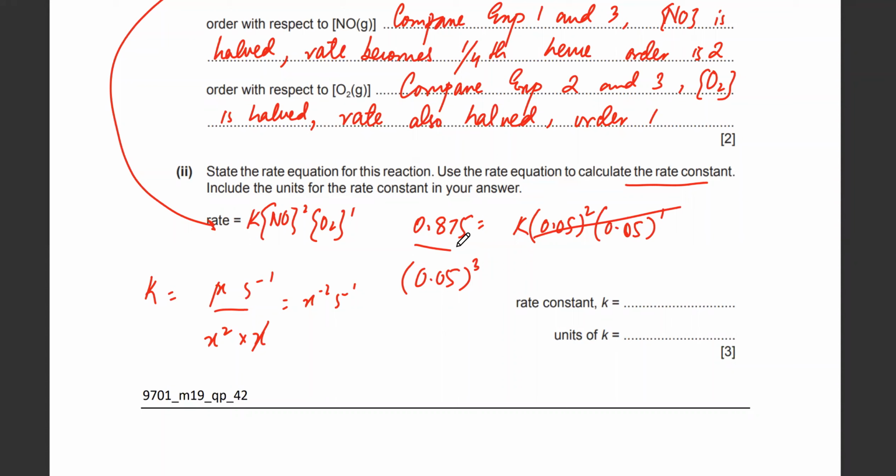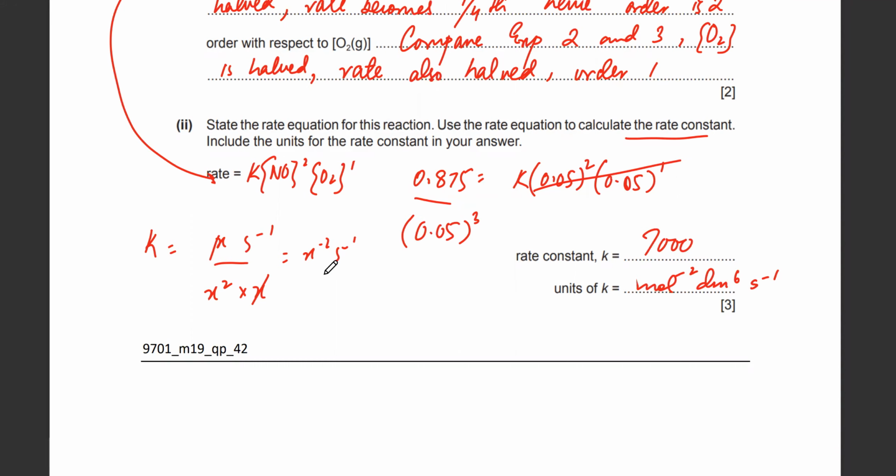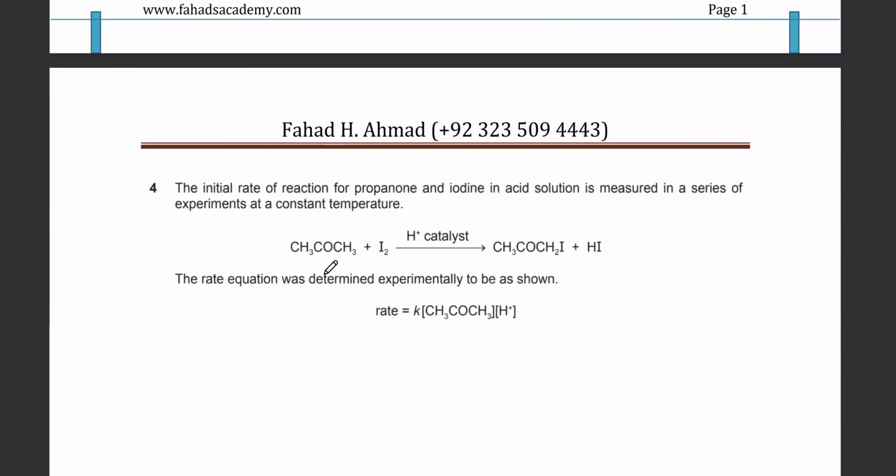I'm getting 7,000. Okay, so the rate constant is 7,000 and the units for K are mole minus 2 dm6 s minus 1, right? So we are getting this. So let's try the next one.